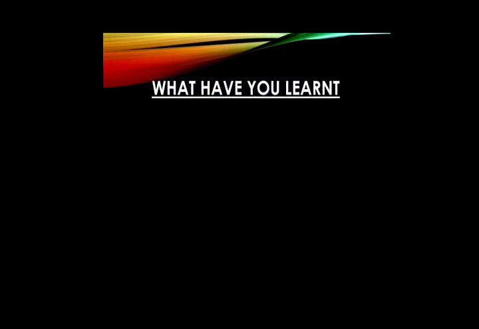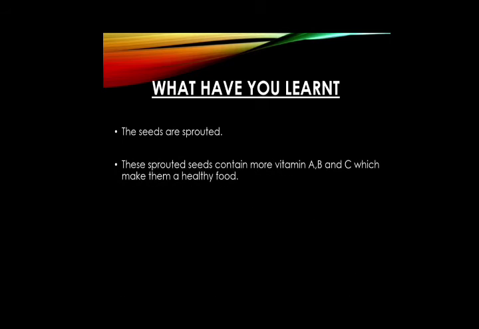So what have you learned from this activity? The seeds are sprouted. Is there anything special? Yes, the sprouted seeds contain more vitamins A, B and C, which make them healthy food. So sprouted seeds are good for health. I hope you understand the activity.